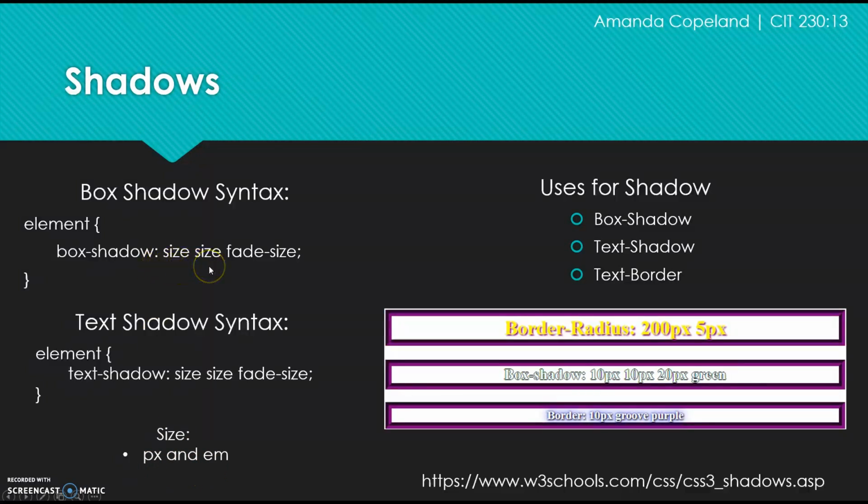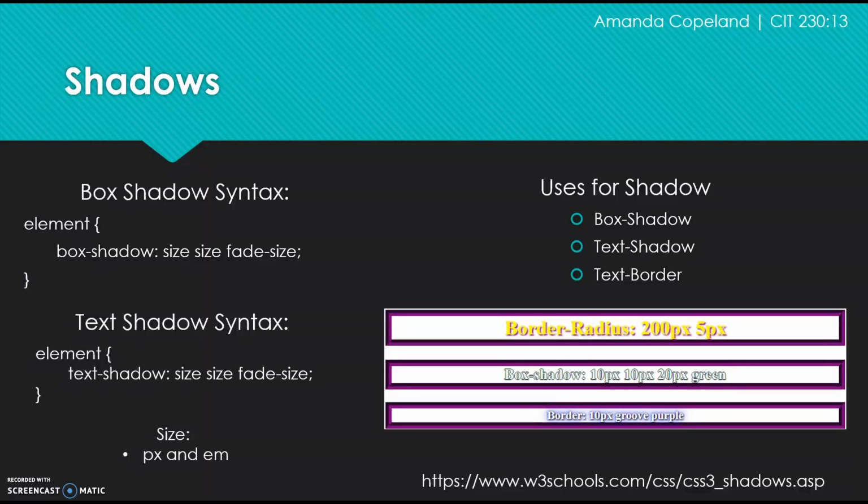All 3 of these sizes can be indicated by pixel and EM. The 2 sizes are the bottom and the right side. You can also use negative values to change the direction of the shadow to go top and left. The fade size is indicated with how blurry or sharp you want the shadow to be. If you want a crisp, solid shadow, you will use no fade size or a 0px.